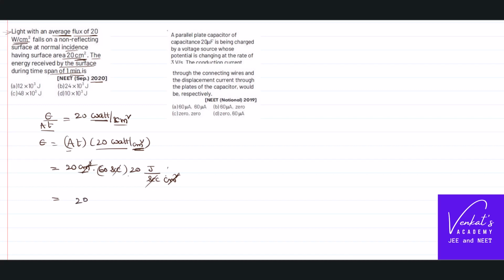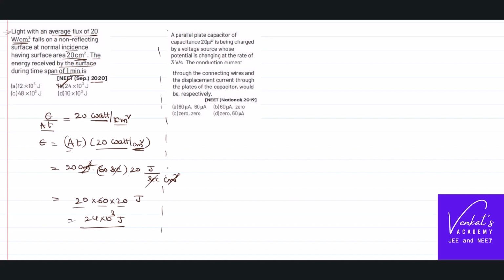What is remaining is 20 into 60 into 20 joules, that is 2 into 6 into 2, that is 24 into 10 power 3 joules. So answer B is the answer for that simple problem. That is just a simple data substitution.